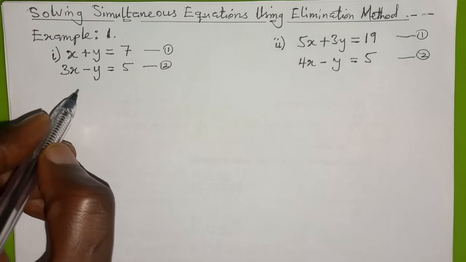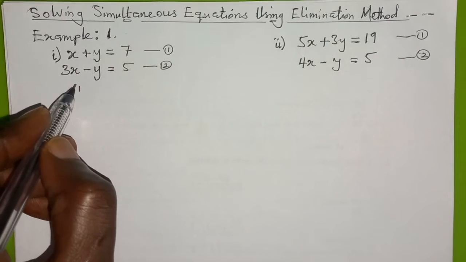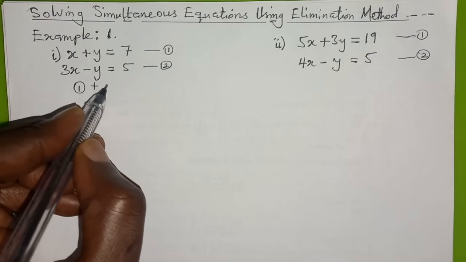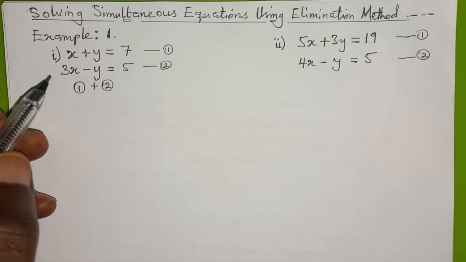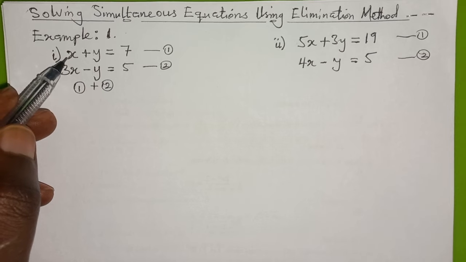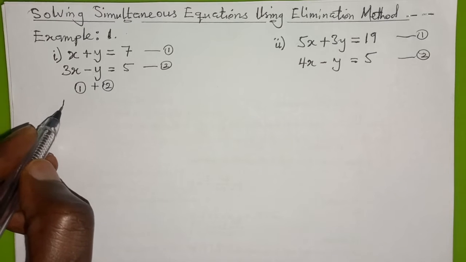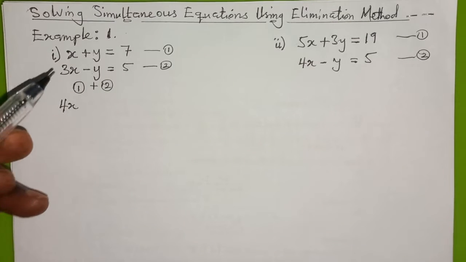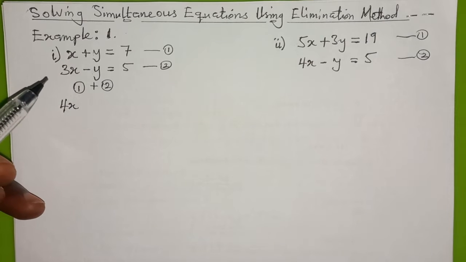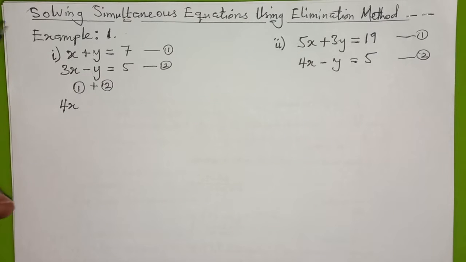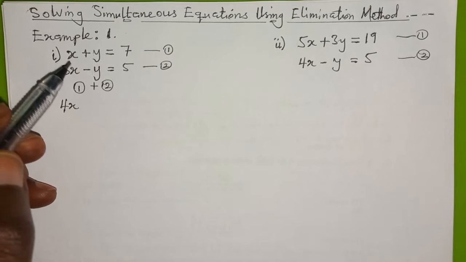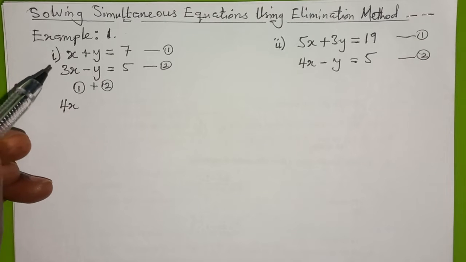So this will become equation 1 plus equation 2. In terms of x, x plus 3x would become 4x. y plus negative y will go to 0, so that is off. There is no need for us to write it.